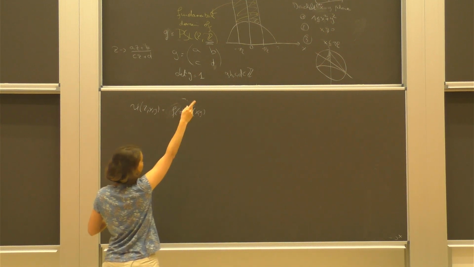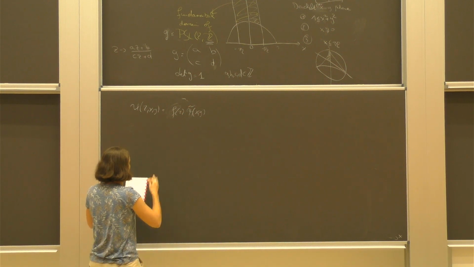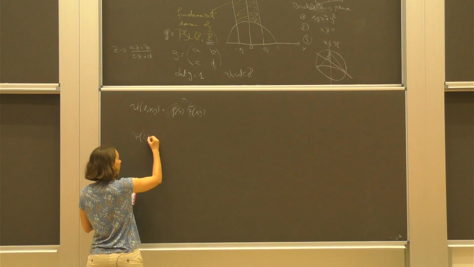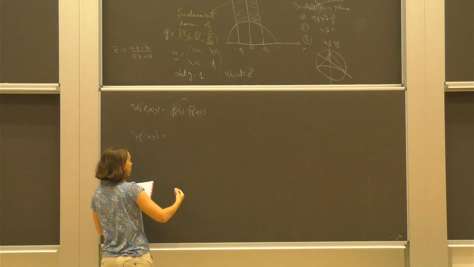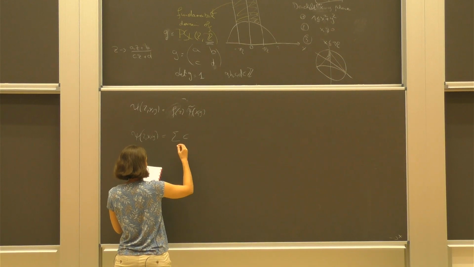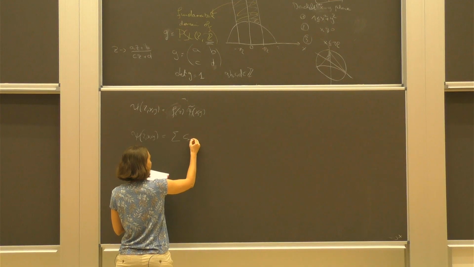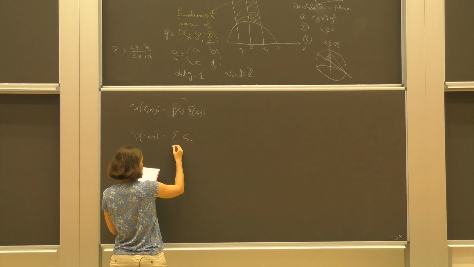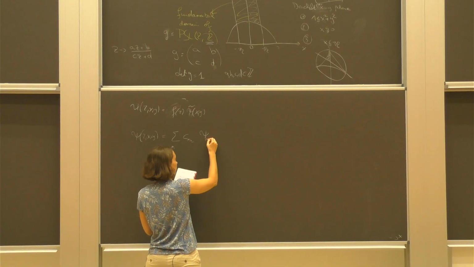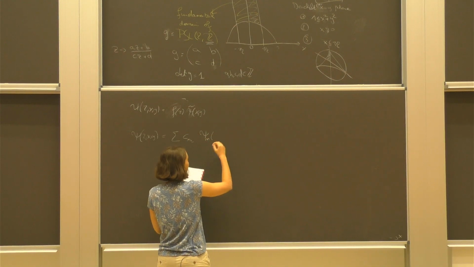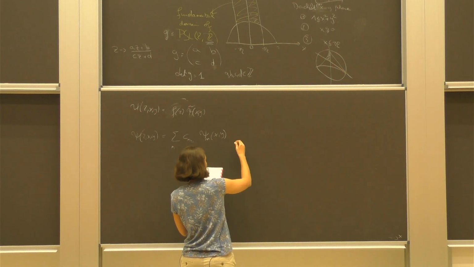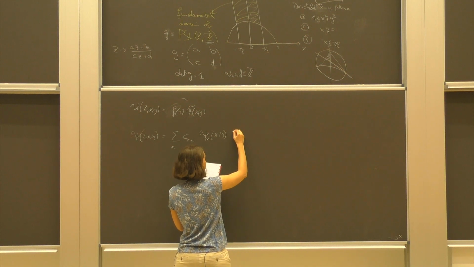You substitute it, and then you try to solve. So when you do this, you find that the generic solution looks like this, with some coefficients. So we want to sum over all possible energies. I'll just write it down and then I'll comment.